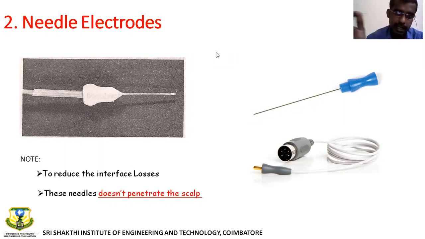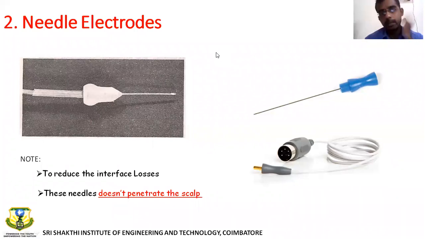So a needle electrode, something similar to that, is placed on the scalp. It is not going to penetrate the scalp. It is just going to touch the skin surface, as simple as that, so that it will pick up from a specific part.